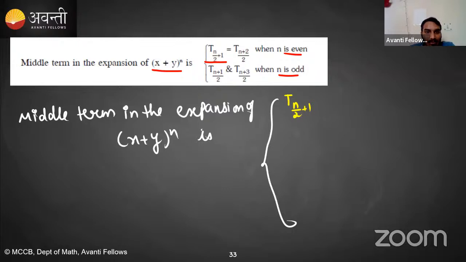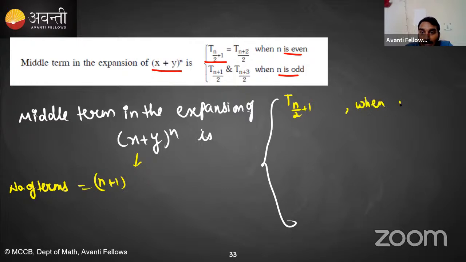Is that clear? And we know that the number of terms is n plus 1. So for the number of terms to be odd, n plus 1 should be odd. So it implies n should be even. So it will happen when n is even.